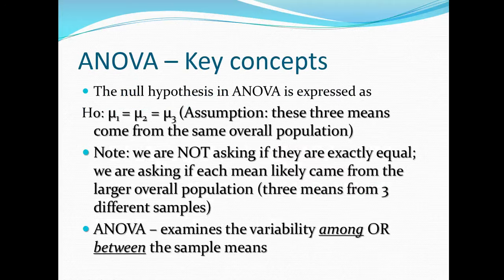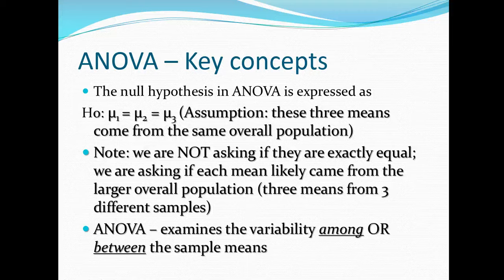So the key concepts again in ANOVA is that the null hypothesis in ANOVA is simply expressed as the mean from population 1 is equal to the mean of population 2 and also equals the mean of population number 3.